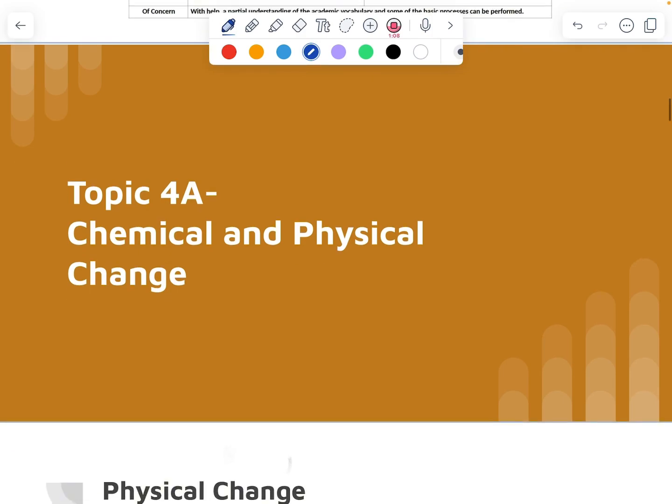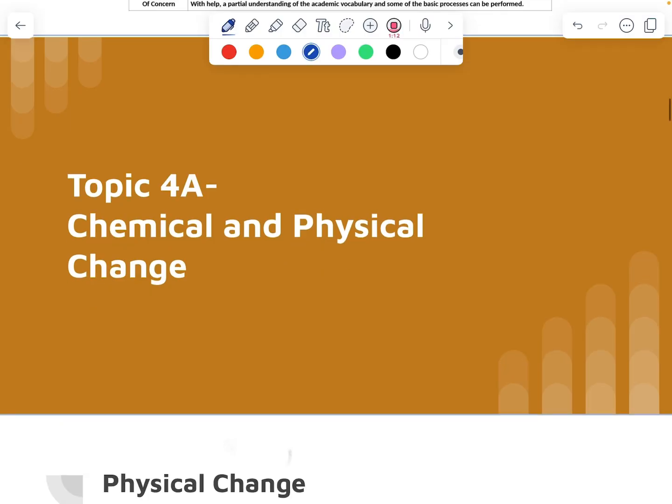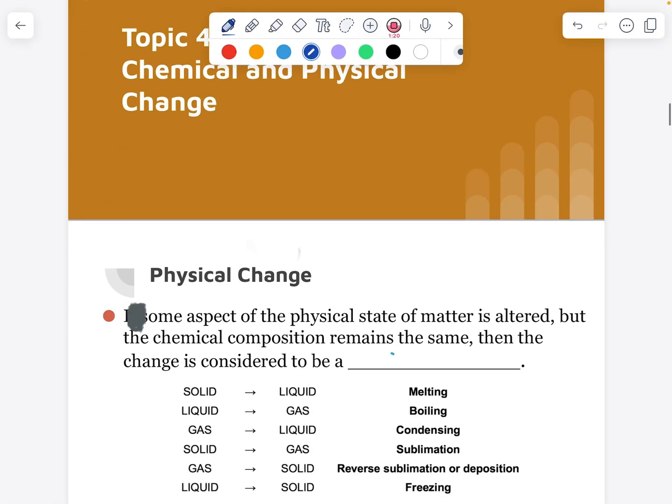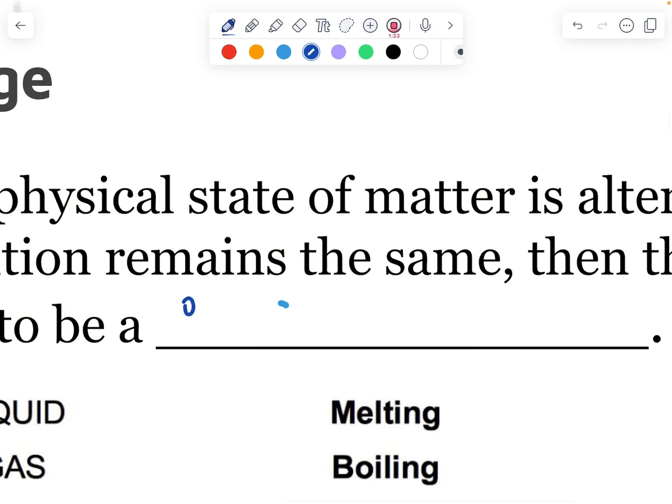We're starting Unit 4, Topic 1 on chemical and physical changes, which goes into our big unit of chemical reactions and what that involves. So first, let's talk about a physical change. If some aspect of the physical state of matter is altered, but the chemical composition remains the same, then the change is considered to be a physical one.